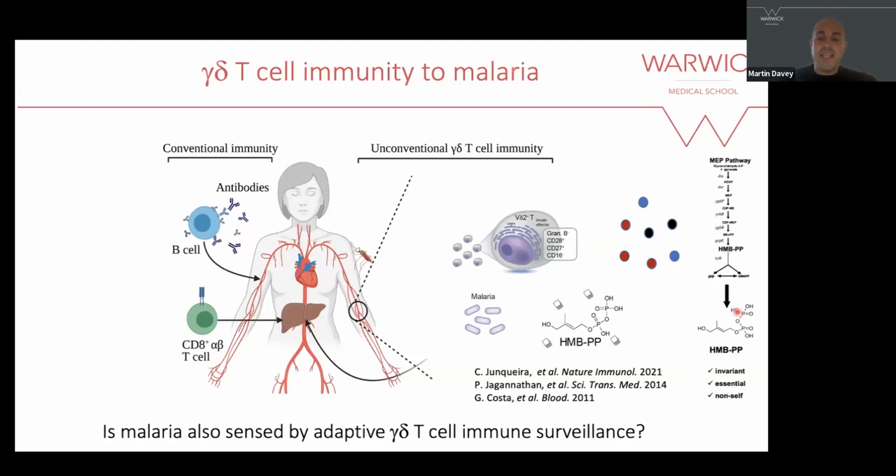Obviously they're dividing heavily, so they're reliant on this pathway to generate a lot of their key molecules to expand and divide. One of the intermediate molecules, HMBPP, the phosphate containing molecule, which is absolutely tiny, drives these V delta 2 responses quite vigorously. V delta 2 gamma deltas will expand rapidly in response to this in vitro, and you can get some really big numbers.